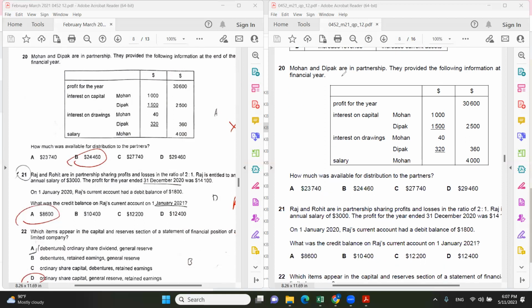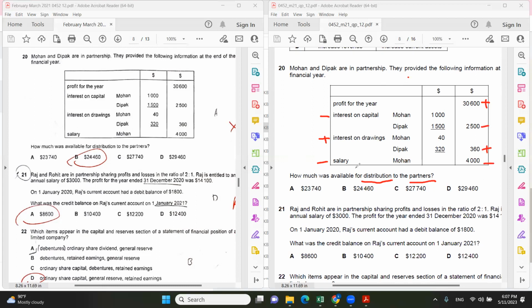Mohan and Deepa are the partner. They provide the following information. How much was available for distribution to the partner? So profit, interest on capital had to minus. Interest on drawing had to plus. Salary had to minus. So this one plus, minus, plus, minus.